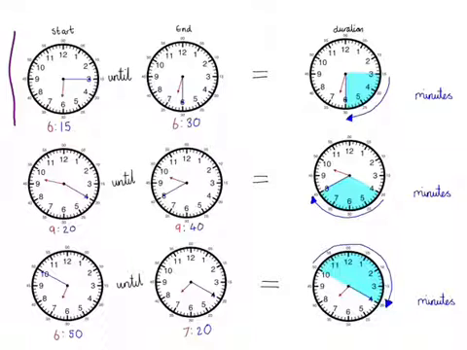Well, the clock started here at 15 minutes past, and it ended here at 30 minutes past. How many minutes was that? It was 5, 10, 15. The duration of that event was 15 minutes. It took 15 minutes to go from here to here.